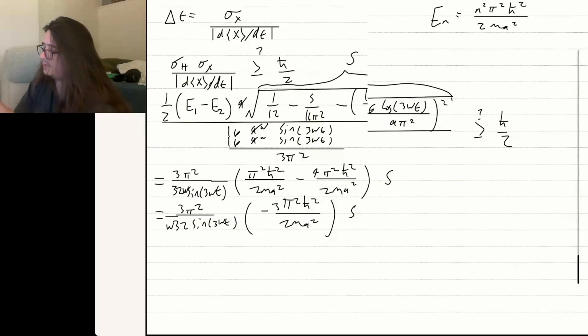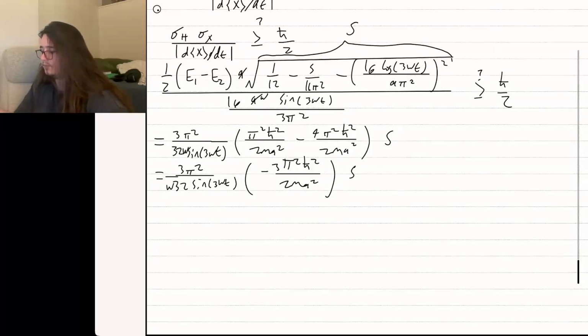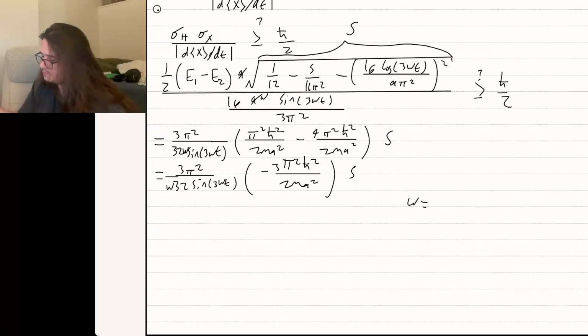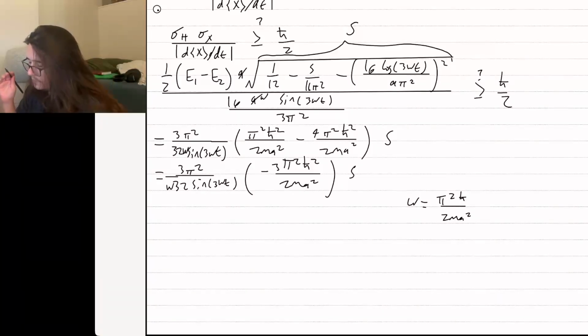And then in problem 2.5, omega was defined to be, I think, pi squared h bar over 2ma squared. That's what omega has been the whole time. So I'm going to sub that in right here. That's negative 3 times omega there.